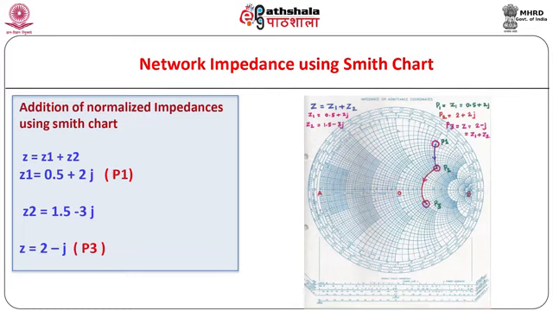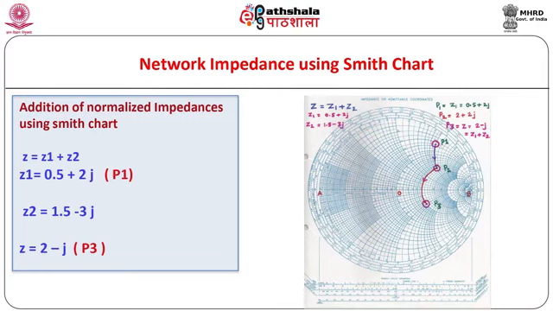Here P1 is equal to 0.5 plus 2j. Second step, from point P1, move horizontally through a distance of 1.5 along X is equal to 2j circle to reach the point P2 with R is equal to 0.5 plus 1.5, that is 2. This gives P2 equivalent to 2 plus 2j.